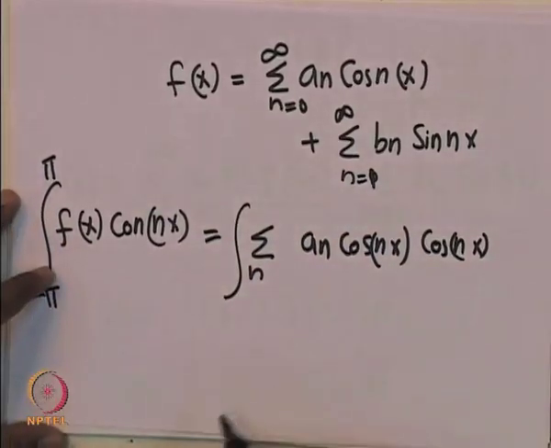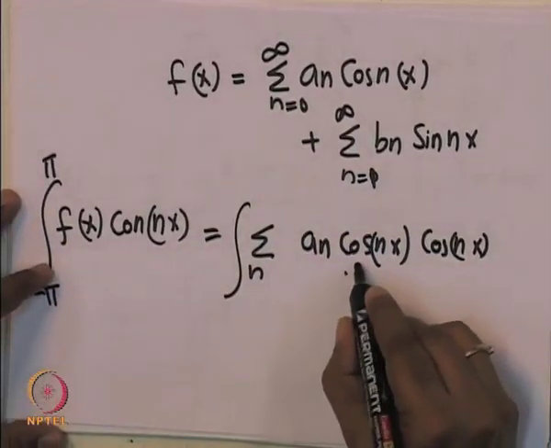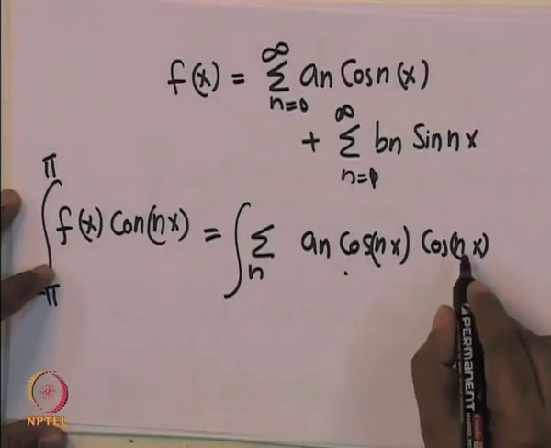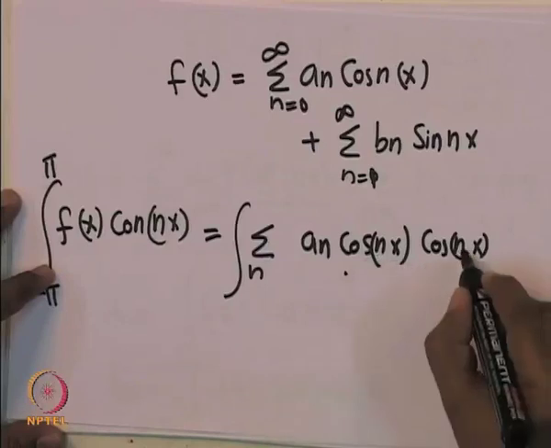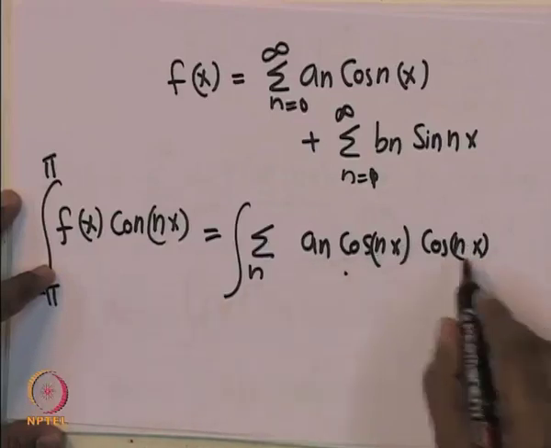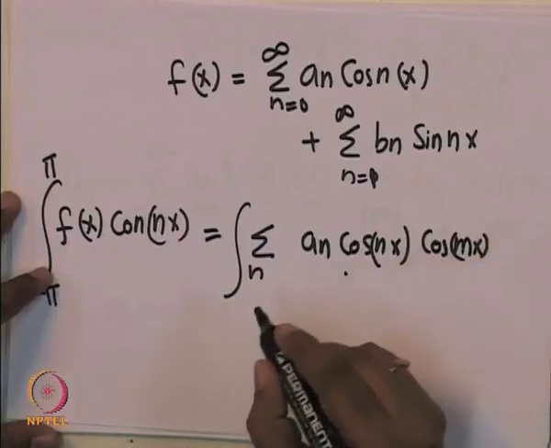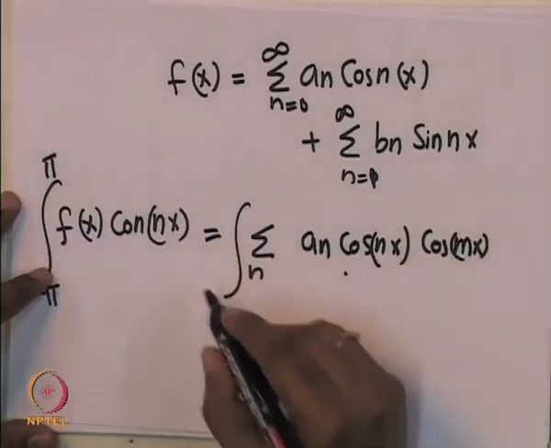So, this is what you do. And so, what happens? You have an integral of cos n x for a particular value of n. You have to do this properly. Actually, you have to write this as a particular value of m, if you like, so as not to confuse.